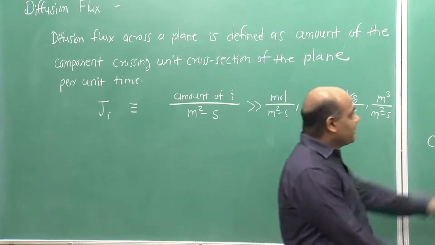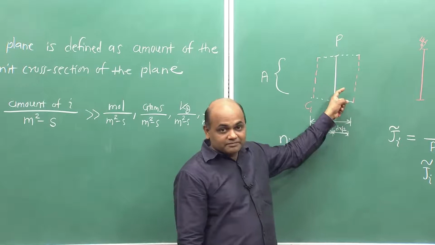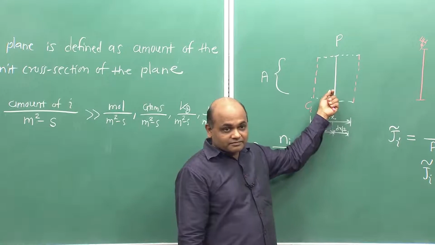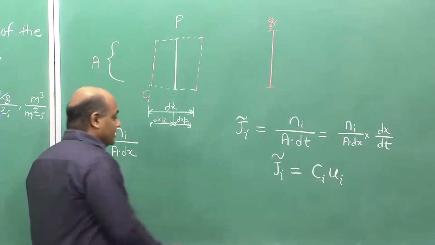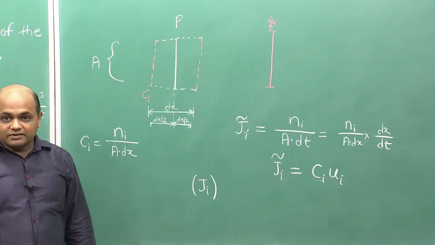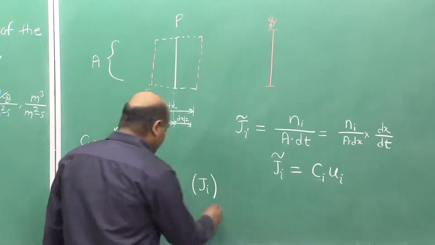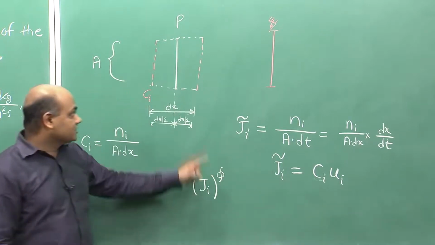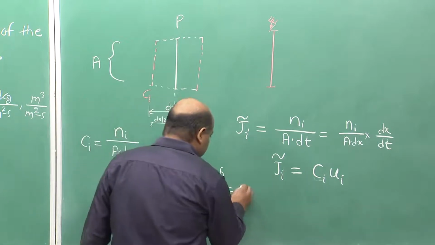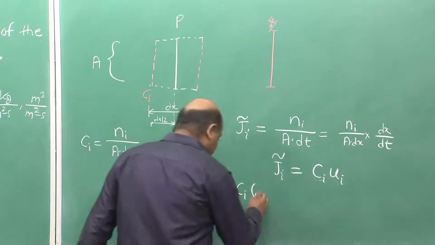So, similarly, if the plane P is moving in the same direction as this composition front, then the flux seen by plane P will be lower. So, if we express J_i with the frame of reference which is fixed to plane P, let us call it J_i^φ, where φ is the velocity of plane P. Then in the new coordinate system, the effective velocity will be u_i minus φ.